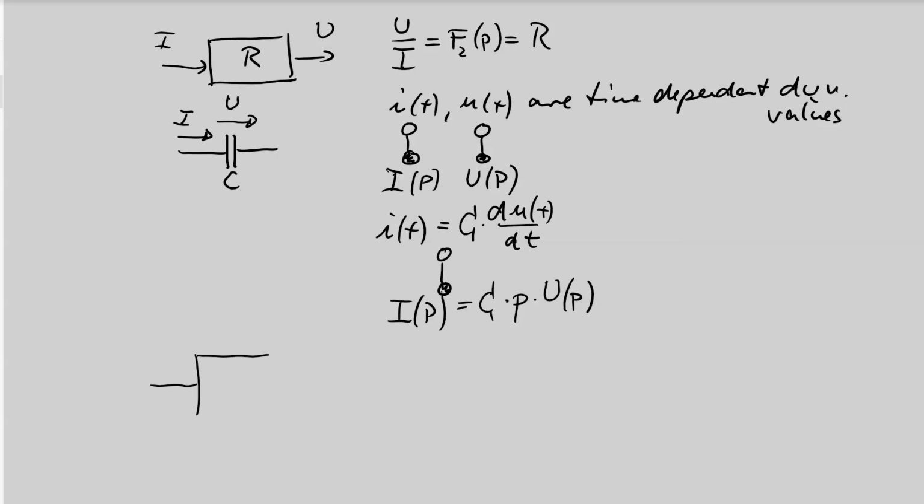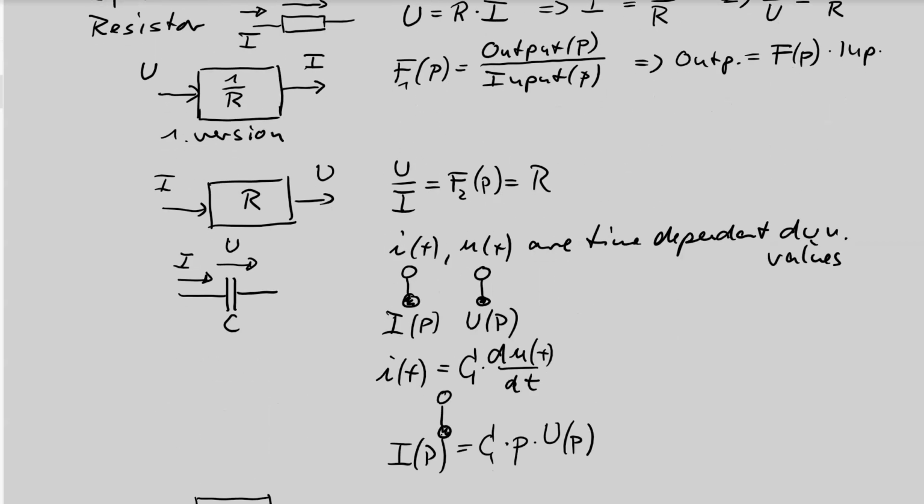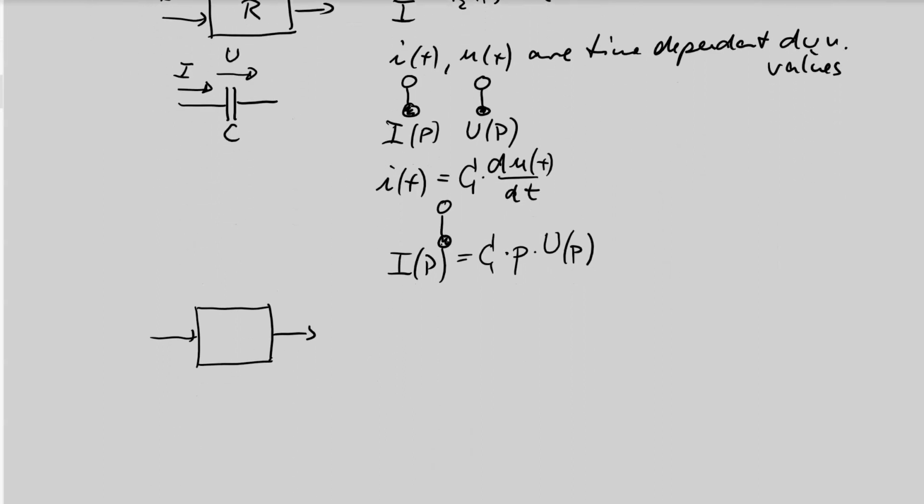So we can now again convert into a signal block diagram picture. Again, either the voltage U or the current I could be the cause, and the response is then the opposite. So if the current I is the input and the voltage U is the output, then we need the transfer function F(p), which is output divided by input.